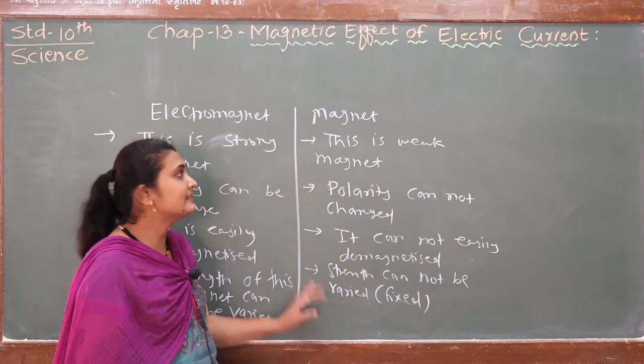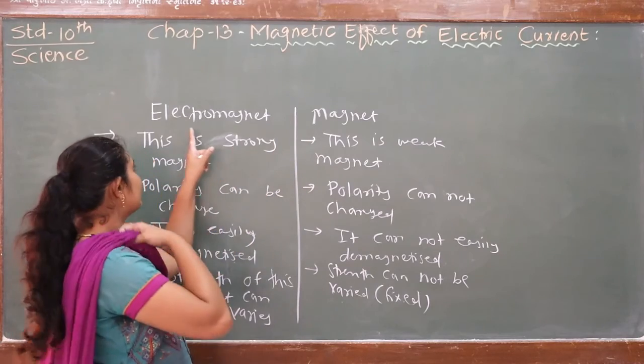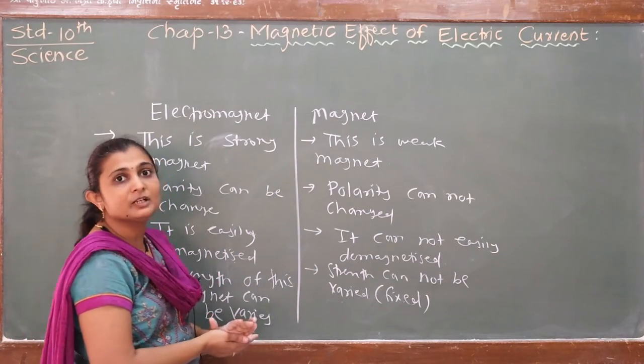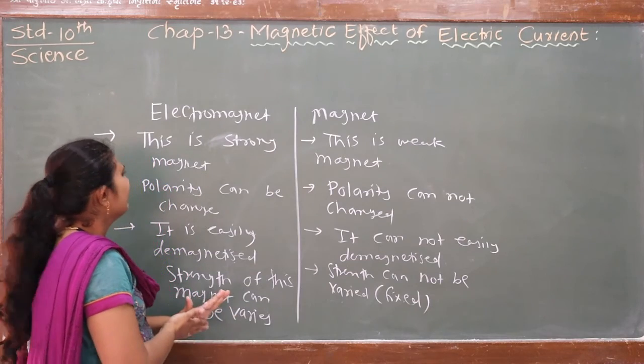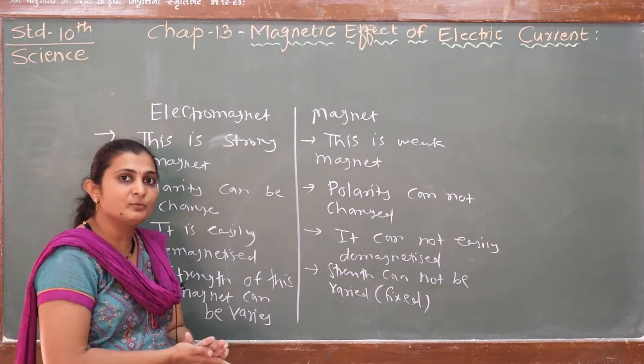Strength is fixed. This is the difference between our regular magnet, that is the bar magnet, and the electromagnet, that magnet which can be obtained from the solenoid. Okay, this difference will be asked for 2 marks, then you have to write the 4 points.